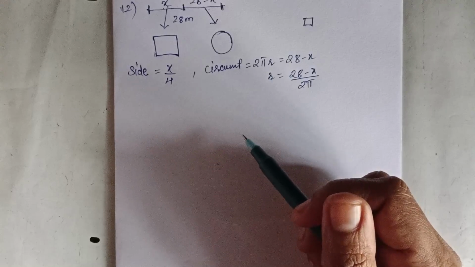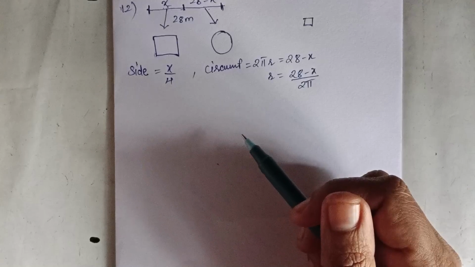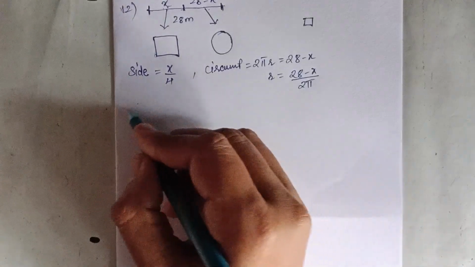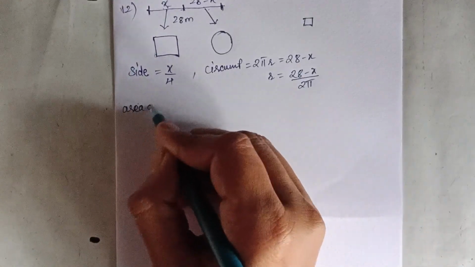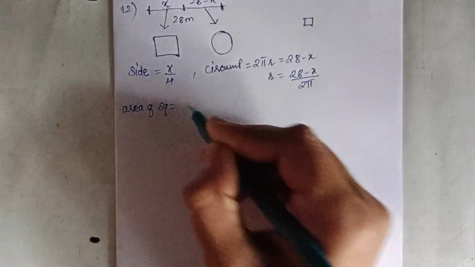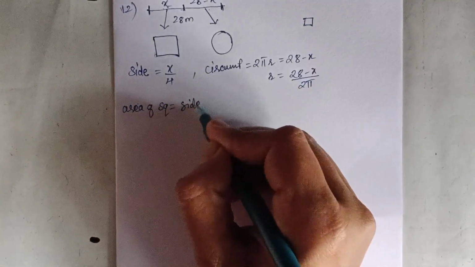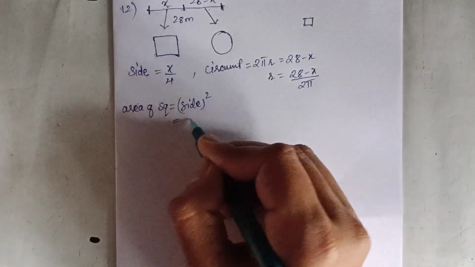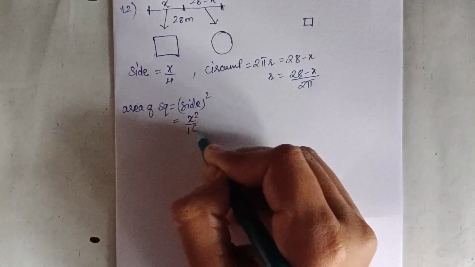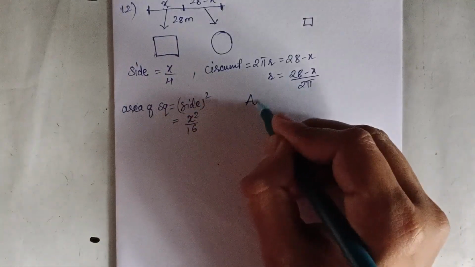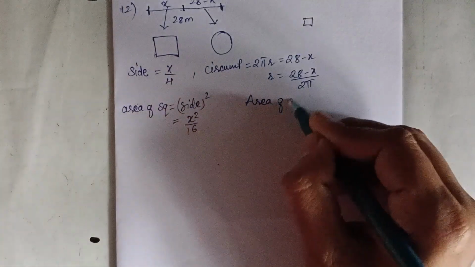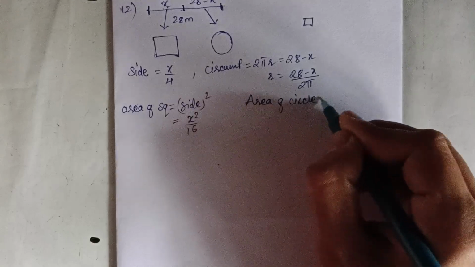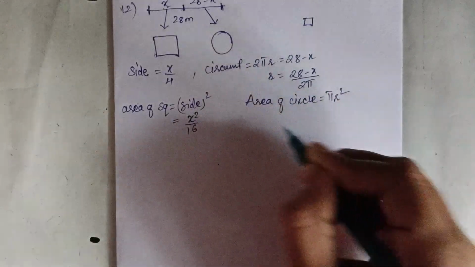So you have to find the area of a square and a circle. Here area of square will be side square, which is x square by 16, and area of circle is pi r square.